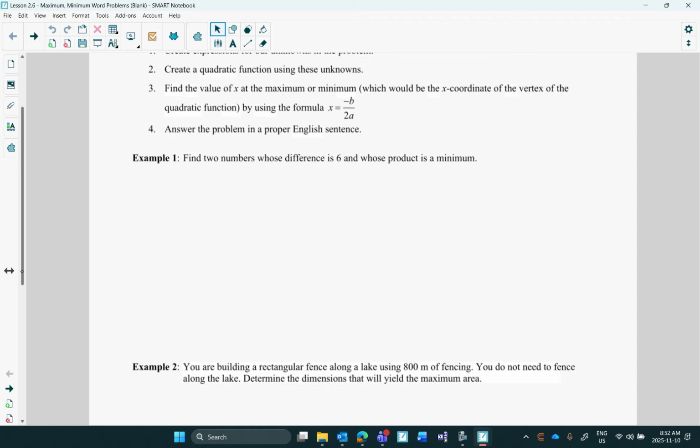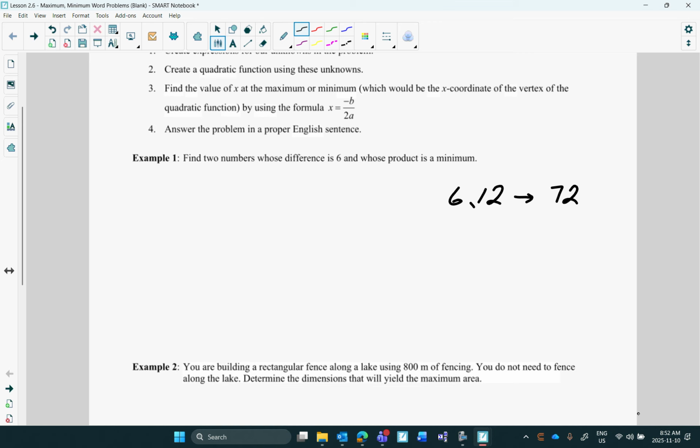Give me two numbers that differ by 6. 5 and... 6 and 12. What's the product? 72.